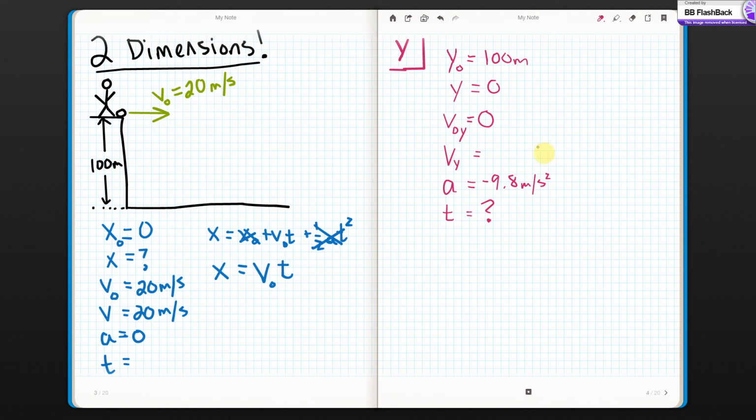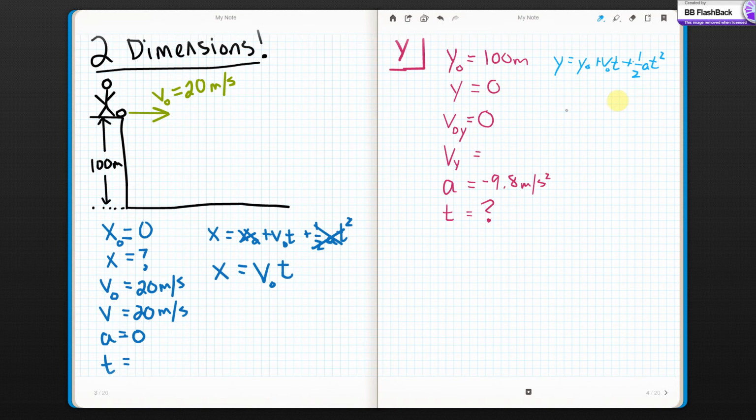Let's see, what should I use? I want t, so I'm not going to use the last equation because that doesn't have t in it. I have acceleration and I have a distance. I think I'm going to use the big equation, the one that everyone hates because it's so long. I love this equation. y equals y naught plus v naught t plus 1/2 a t squared.